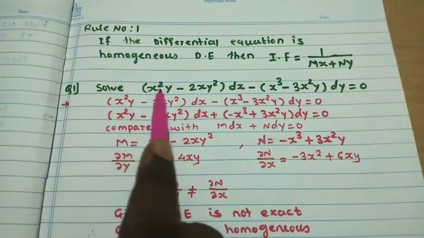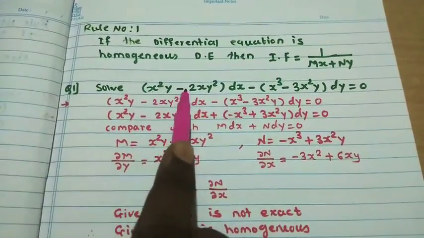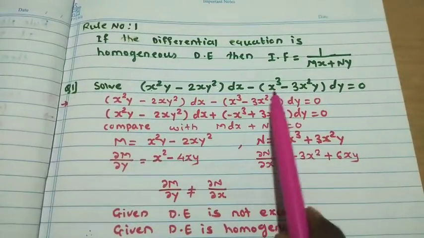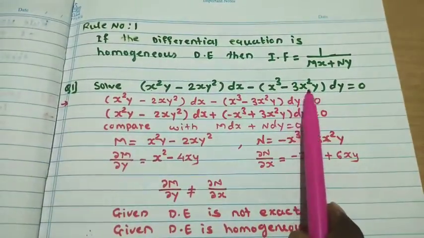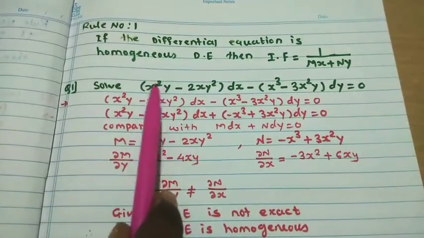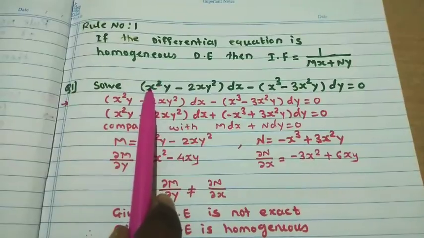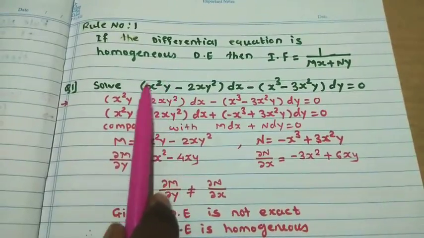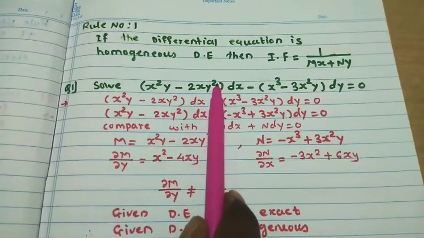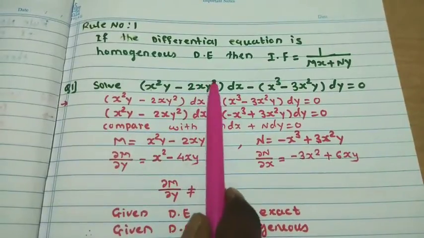Now consider this example: (x square y minus 2xy square) dx minus (x cube minus 3x square y) dy equal to 0. If we observe the degree of each term, power of x is 2, power of y is 1, so degree is 3. Here power of x is 1, power of y is 2, so the total degree is 3.